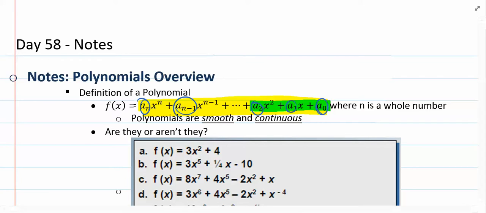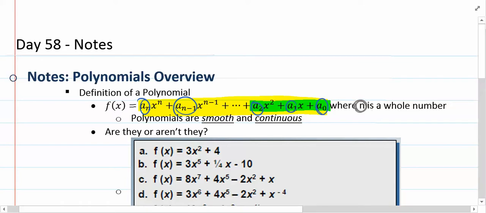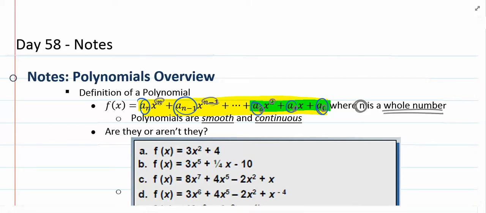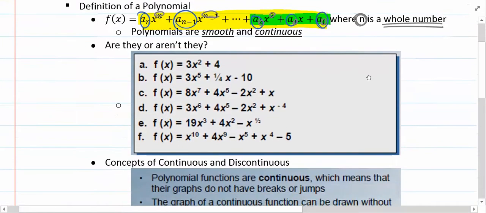The only restriction here is that the letter n itself, so this n value and these exponents, must be whole numbers. Those are not allowed to be fractions or decimals. So, considering that, let's go take a look at some of these examples.